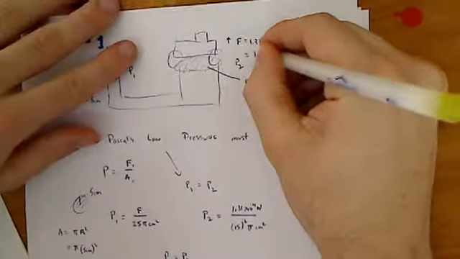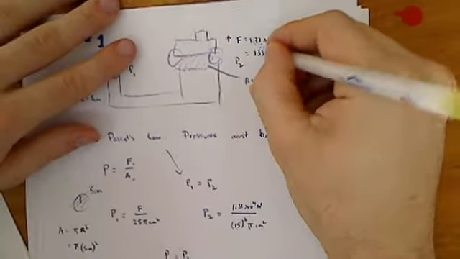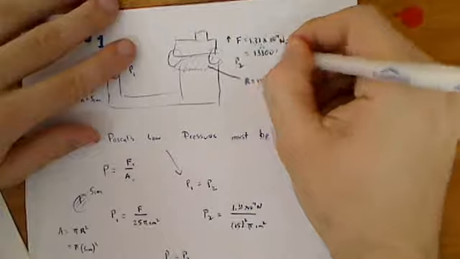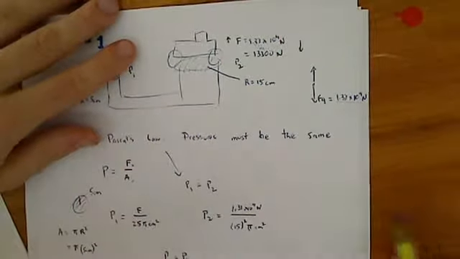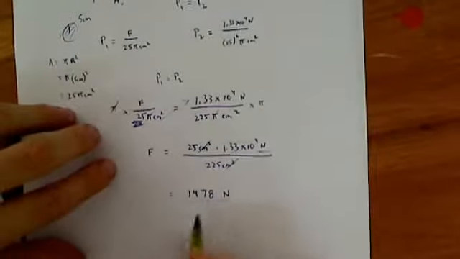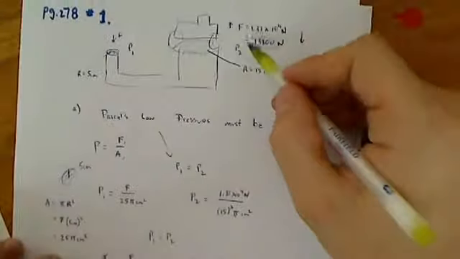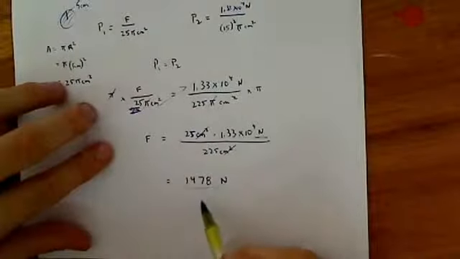That's 13,300 newtons. Look at this number. We have 13,300 newtons over here, and over here we have 1,478 newtons. Clearly this one's a lot larger than this one.